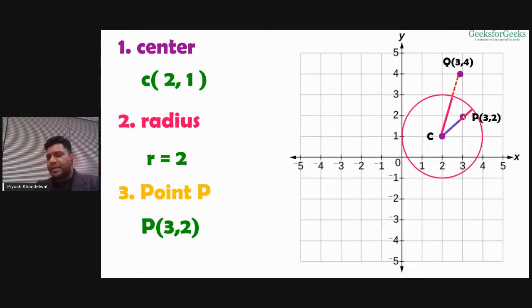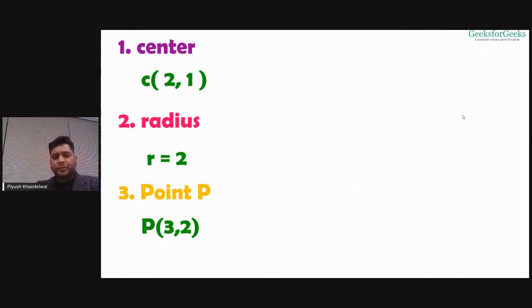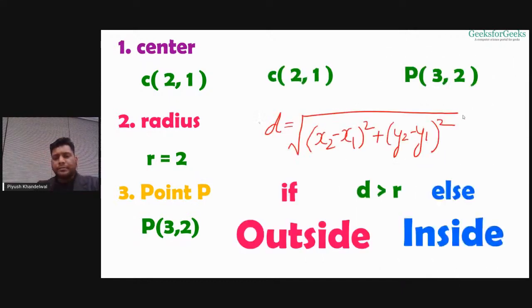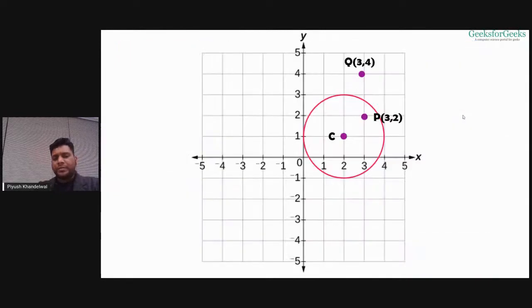Okay. I hope this makes sense. There is no problem till now. We have seen this. We have written this program as well. Now see, we have talked about this point 3, 2. We have talked about this point 3, 4. We saw whether these points are inside or outside. Okay. Now, what about this point 2, 3?